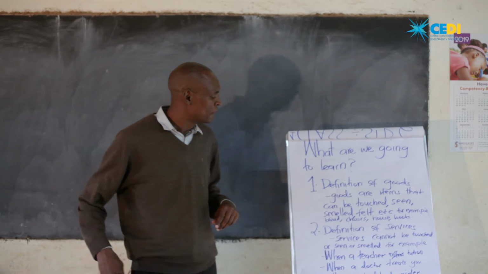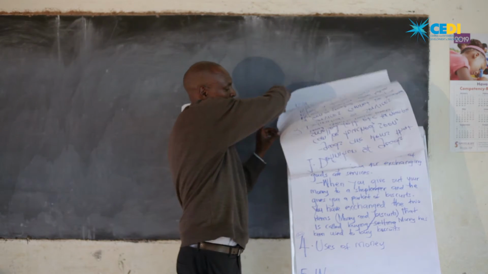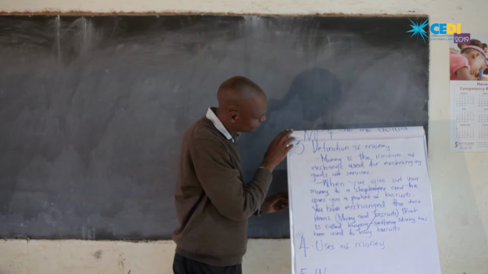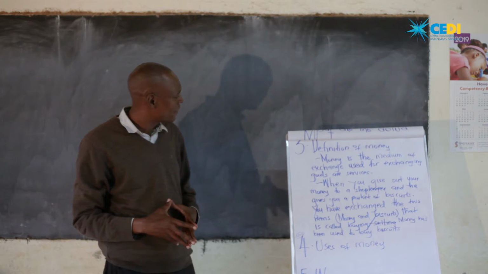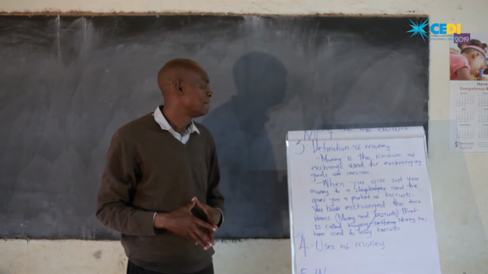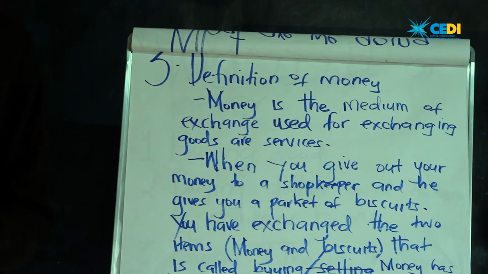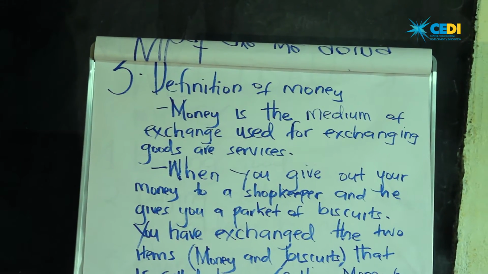So, this will be a very good background for our lesson today. Before we go further, it is also important for us to define money. Money is the medium of exchange used for exchanging goods and services.